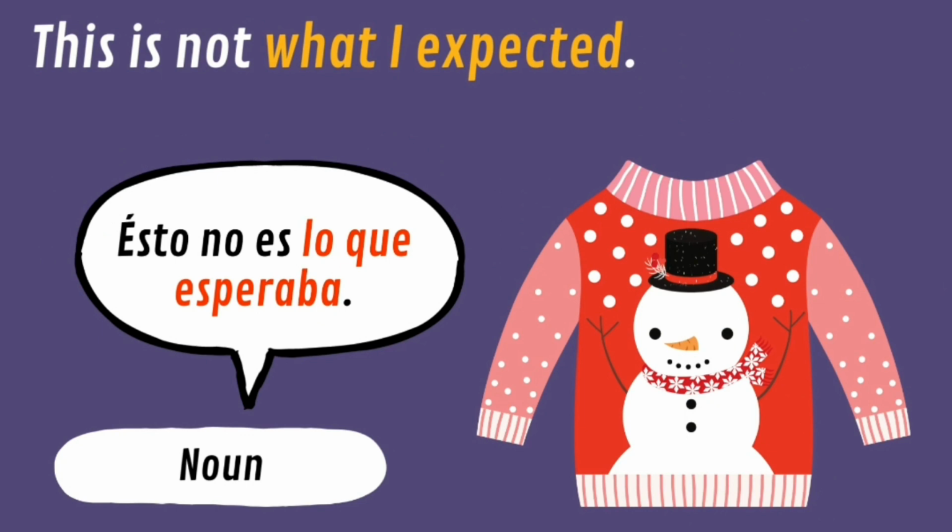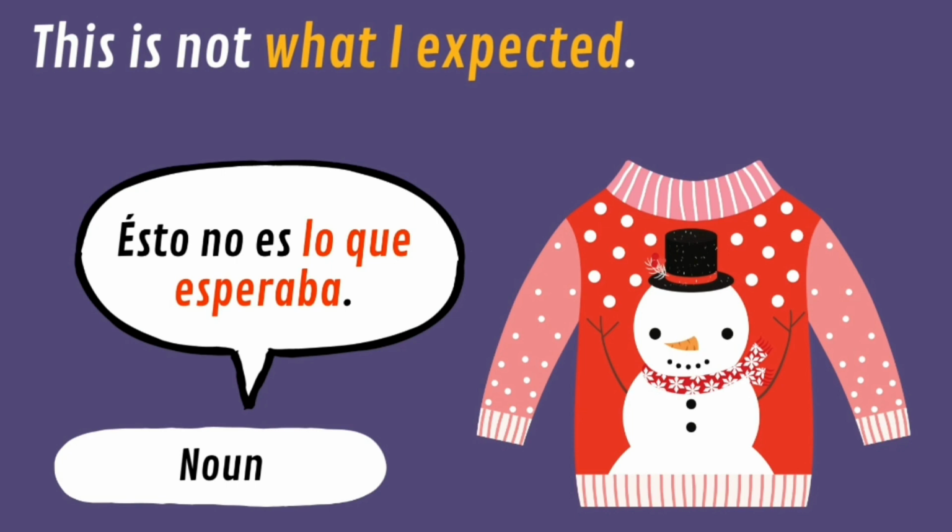And now we have a noun. This is not what I expected. Here we're talking about a cloth, in this case, a sweater. We are referring to the sweater by saying, this is not, okay? This is not what I expected. In Spanish, we have to say, esto no es, this is not, esto no es what, lo que, I expected, esperaba. As you can see, you can remove the pronoun.